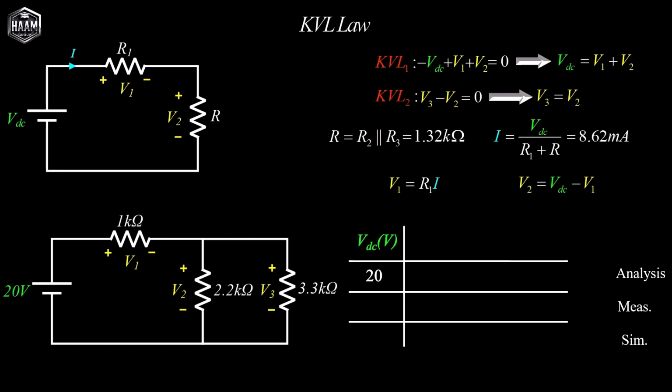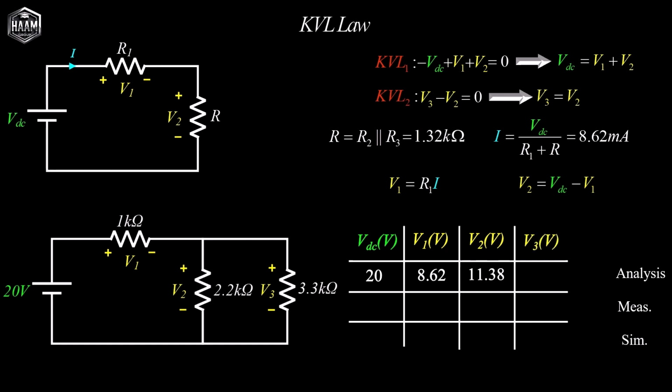Substituting in I, we have I equals 8.62 milliampere. Now we can calculate V1 from this equation, equals 8.62 volt, and V2 also from this equation, equals 11.38 volt.